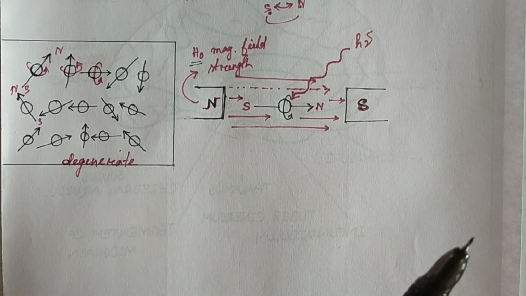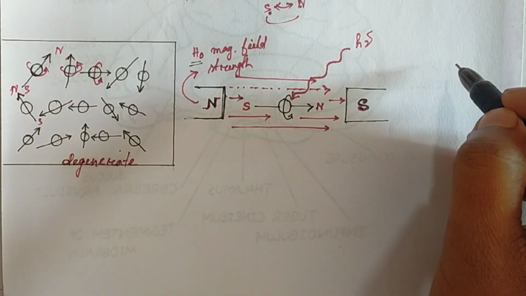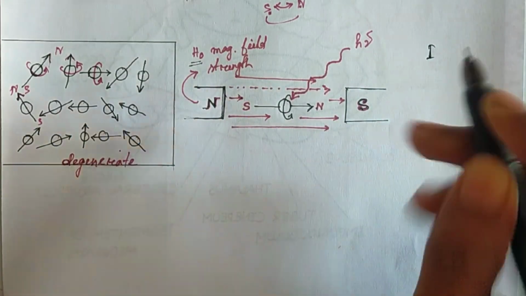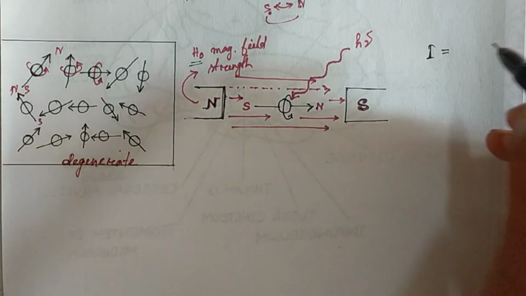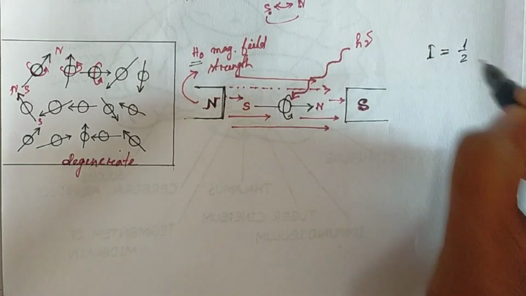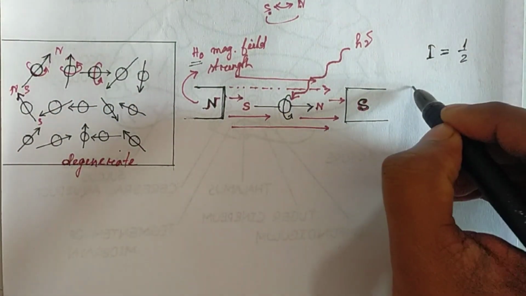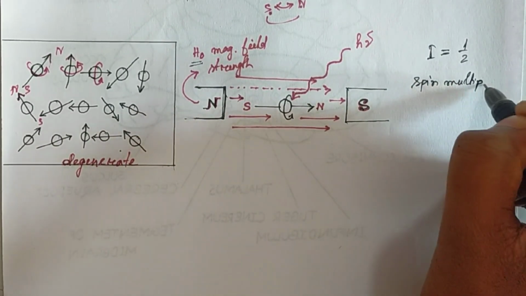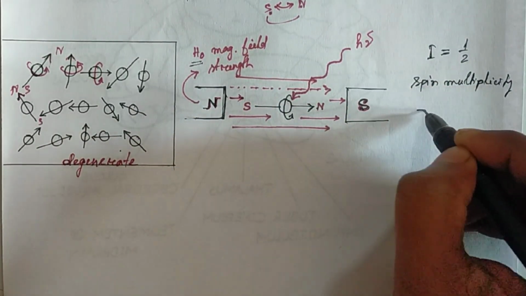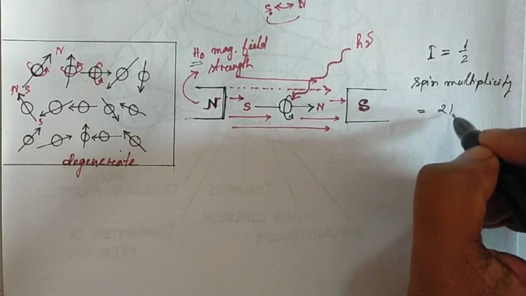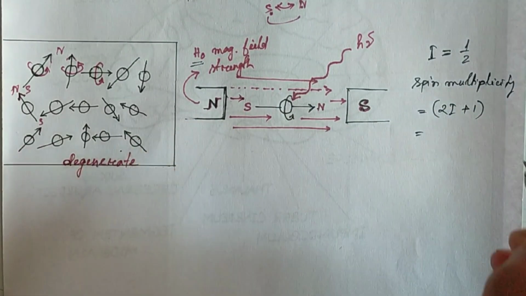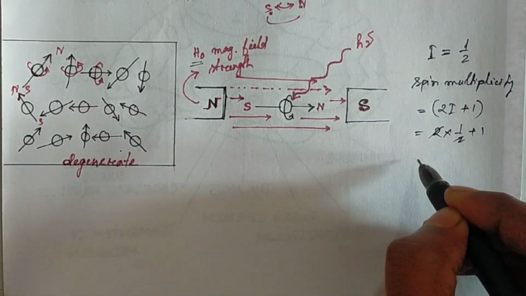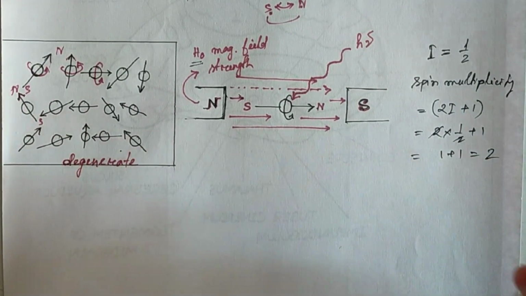Now suppose the spin quantum number I for this nucleus, let's consider it is half. So spin multiplicity will be 2I plus 1. So 2 into half plus 1, the 2 will cancel out, 1 plus 1, it will be 2.